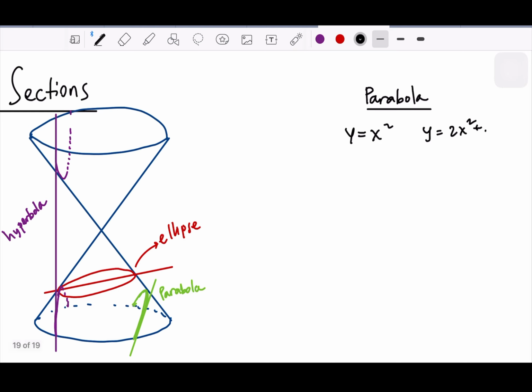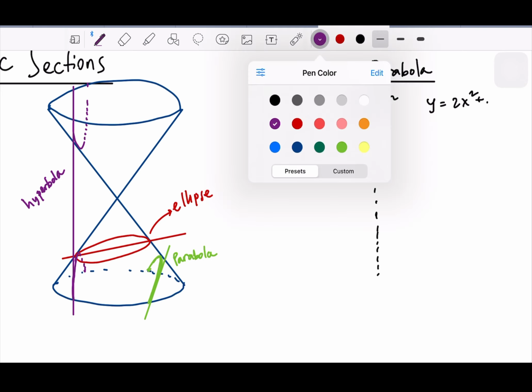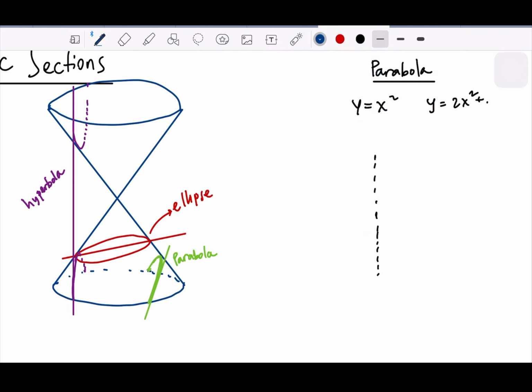Okay. So let me draw some illustration of how we get this idea of a parabola. Let me just draw the parabola first to give you the idea.